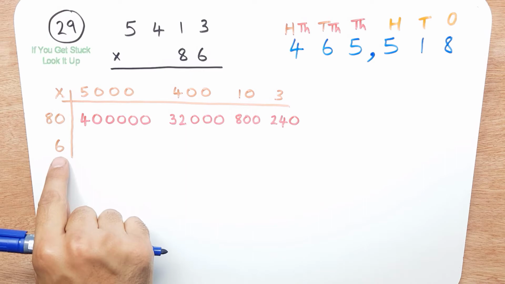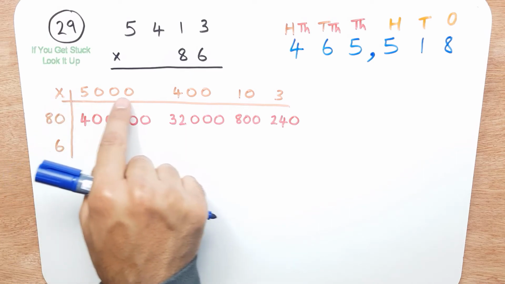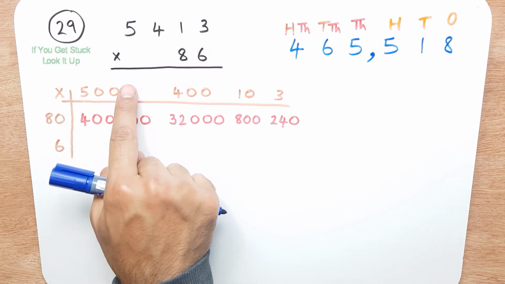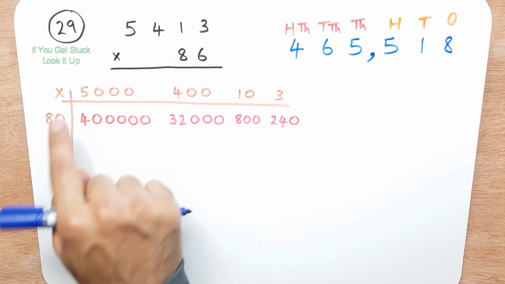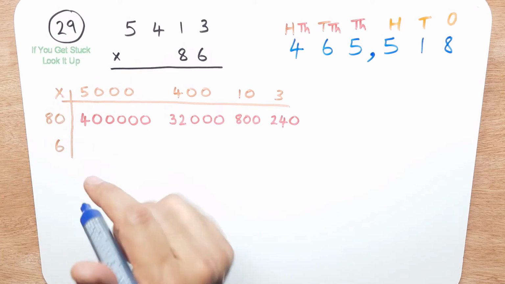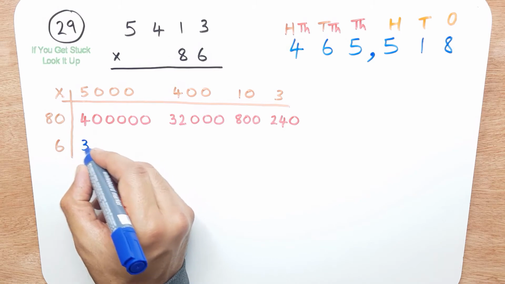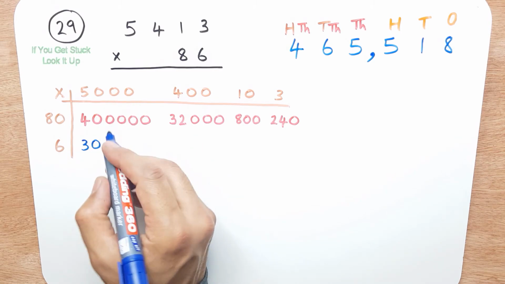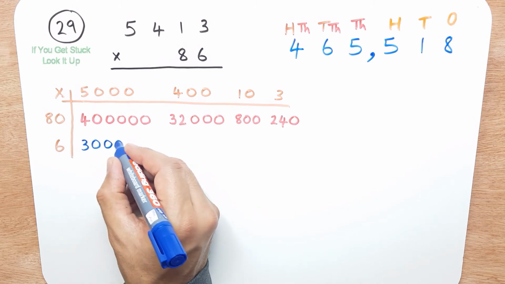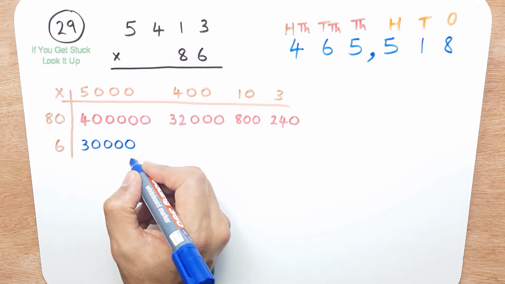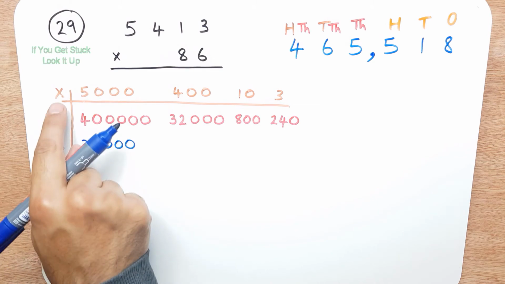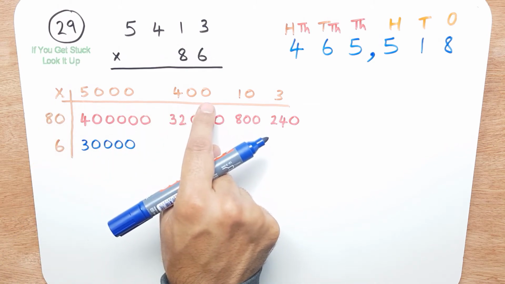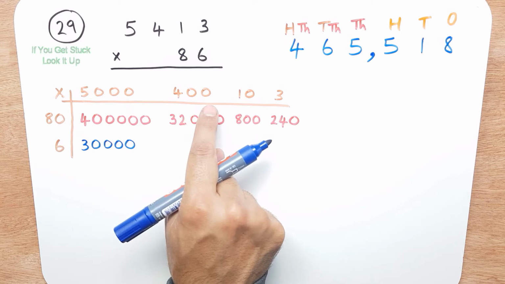Now I'm going to do 6 times 5,000. As before, hide these 3 zeros. So 6 times 5 is 30. And I add 3 zeros. Now moving on. 6 times 400. So what do I do?